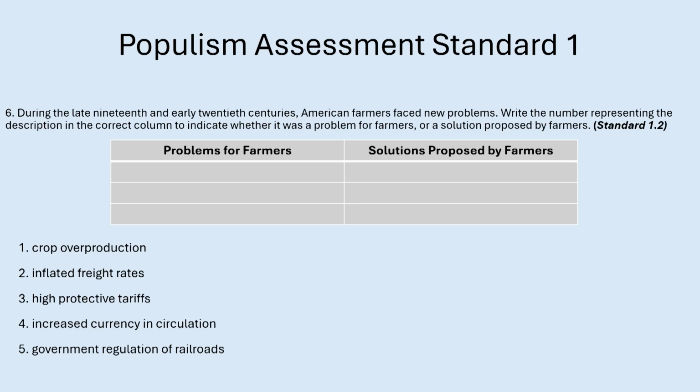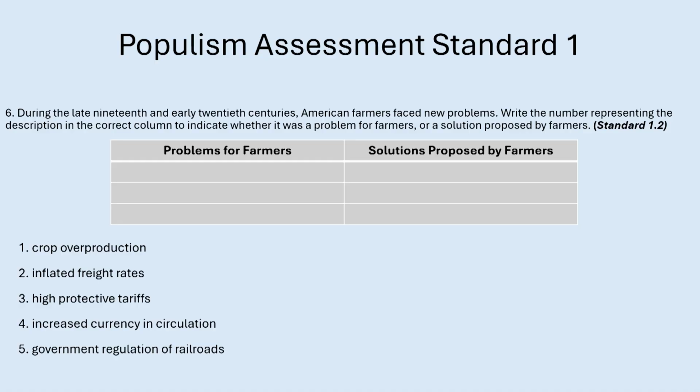All right. Populism Assessment Standard 1. During the late 19th and early 20th centuries, American farmers faced new problems. Write the number representing the description in the correct column to indicate whether it was a problem for farmers or a solution proposed by farmers. 1, crop overproduction. 2, inflated freight rates. 3, high protective tariffs. 4, increased currency in circulation. 5, government regulation of the railroads.